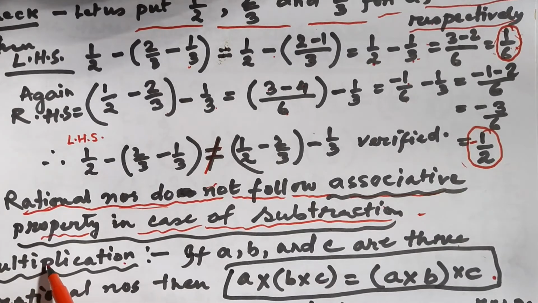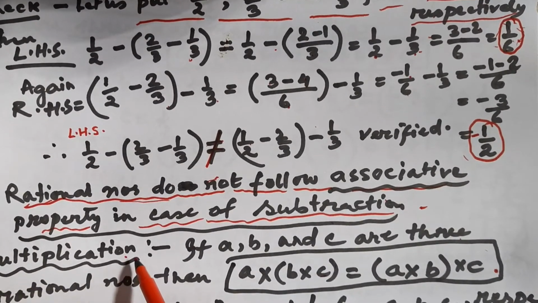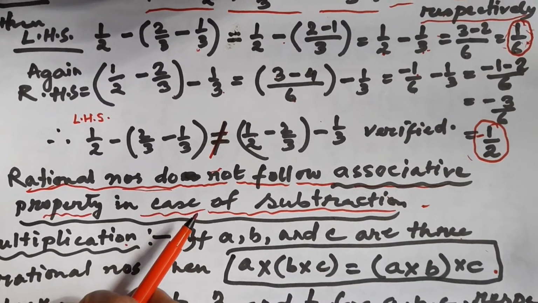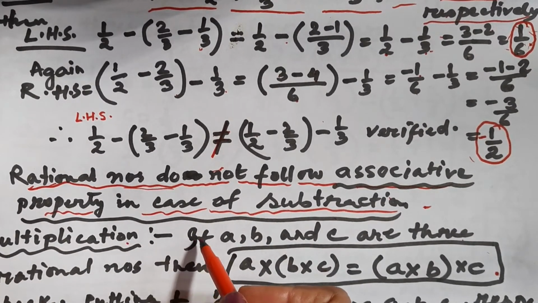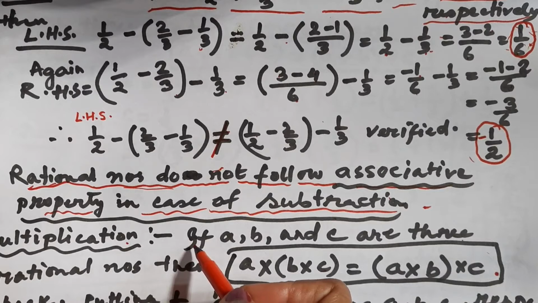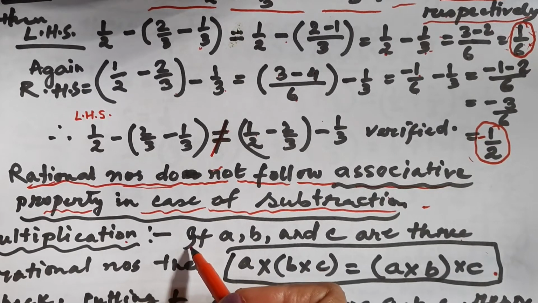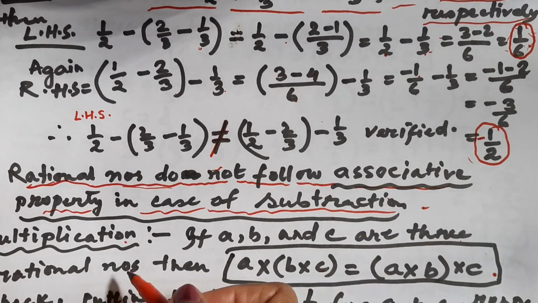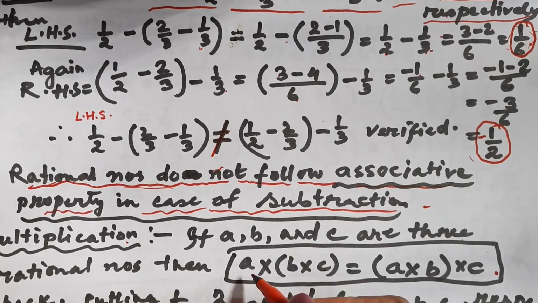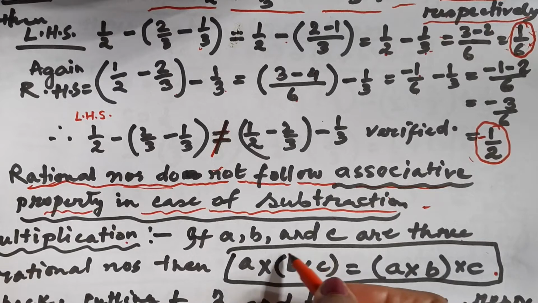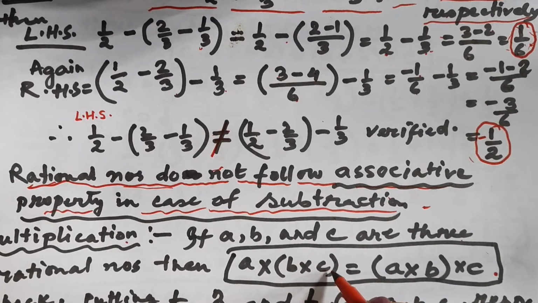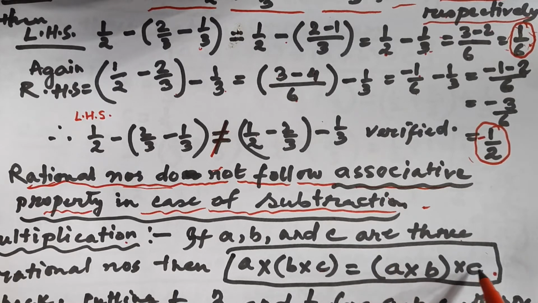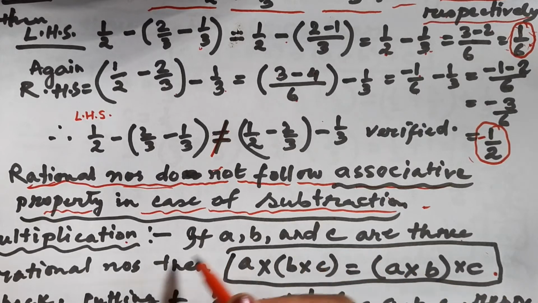Now we have to check for multiplication whether the associative property holds good for multiplication or not. According to the associative property, if A, B and C are 3 rational numbers, then A into (B into C), here B and C are within bracket, is equal to (A into B) into C. Here A and B are taken within bracket.